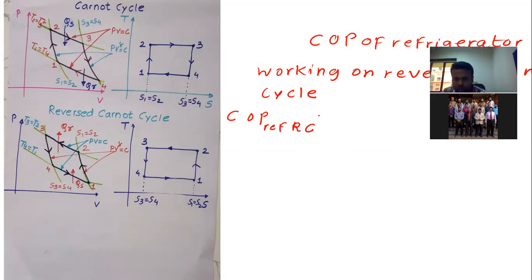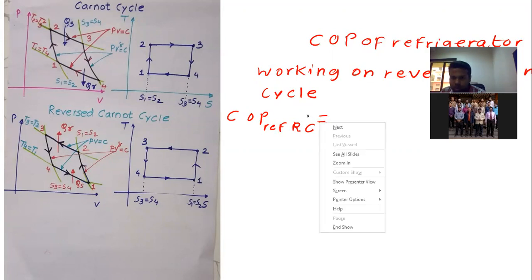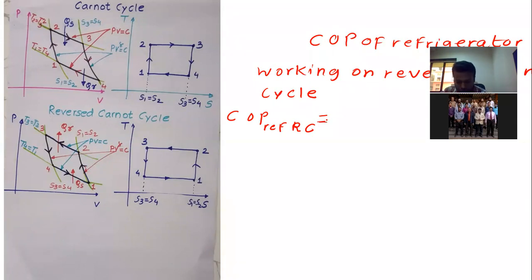Okay, so it is given by, equal to. How to write that down? All of you know the formula for COP. What is the formula for COP?